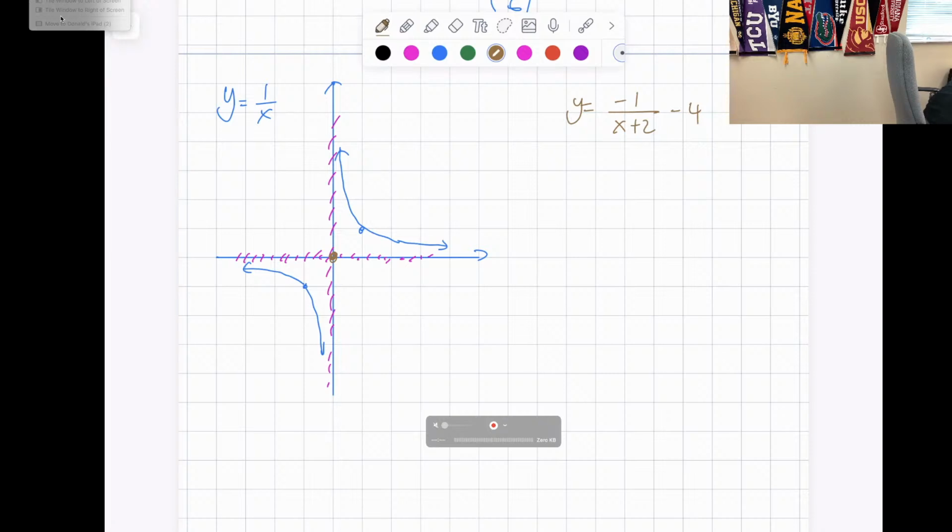Once you do that, check with another person to see how their graph looks. If you finish, check with the person next to you and see how they graphed the same thing.